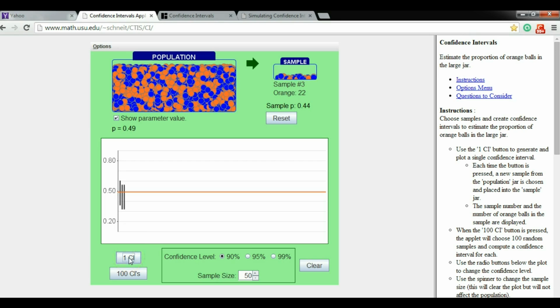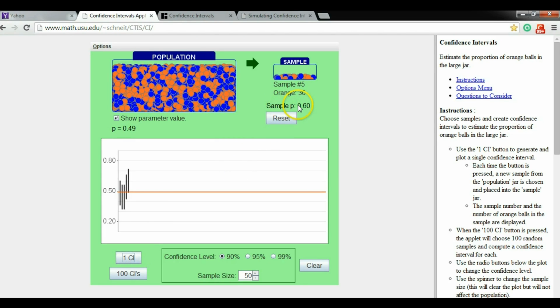Okay. Then we got 44%. This one we got 54%. So we created an interval based on 54%. Now what you notice is these intervals are pretty much the same size. It's just that the middle of them is wherever our p-hat is. Now that one barely captured our p-value.